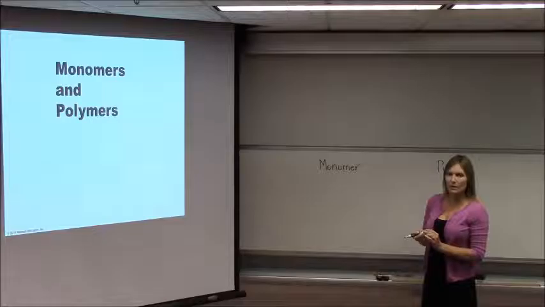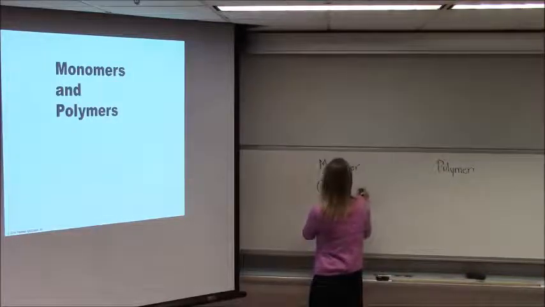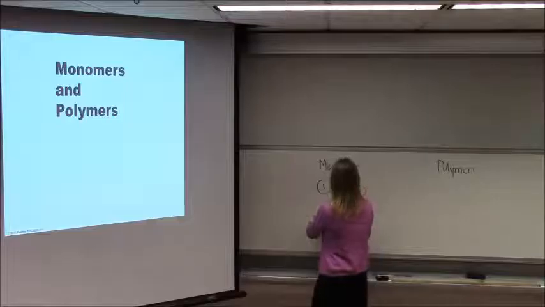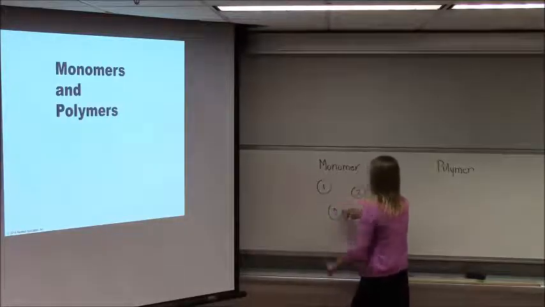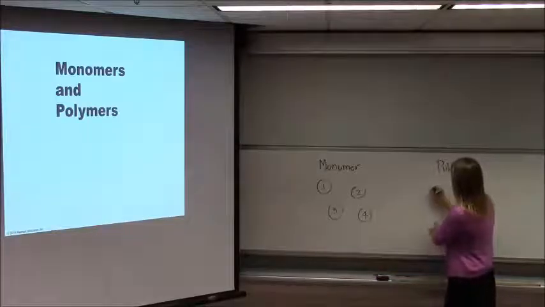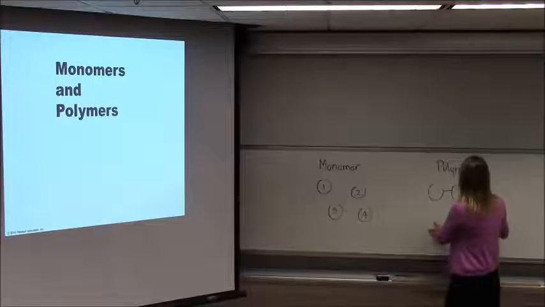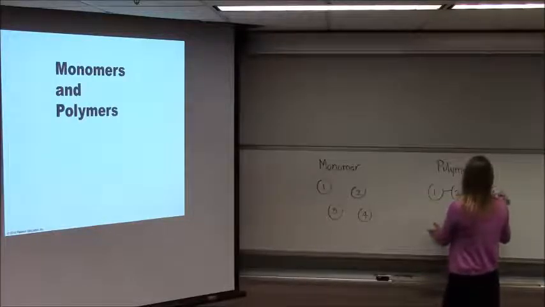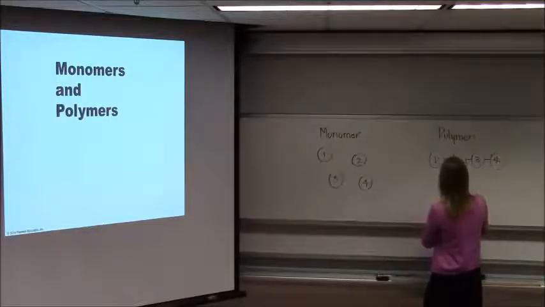You can almost picture them being beads. So if these were individual beads, these would be monomers, those separate individual units. And then if we link them together to form a chain of monomers, that would be a polymer. So polymer is really a chain of monomers.